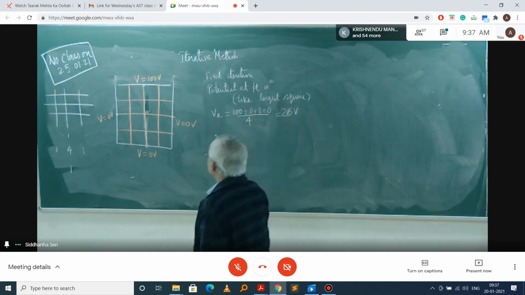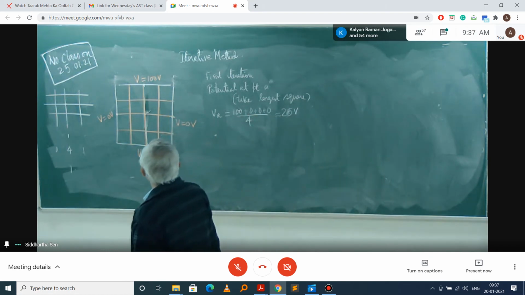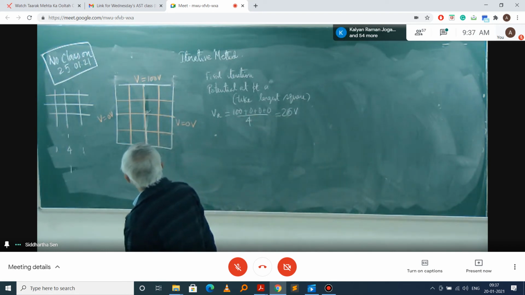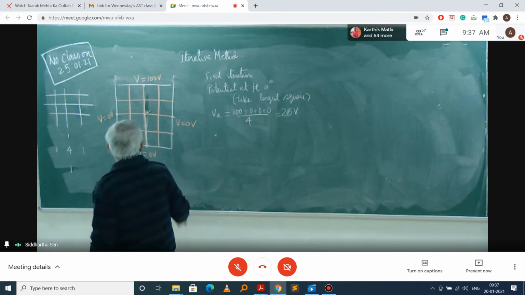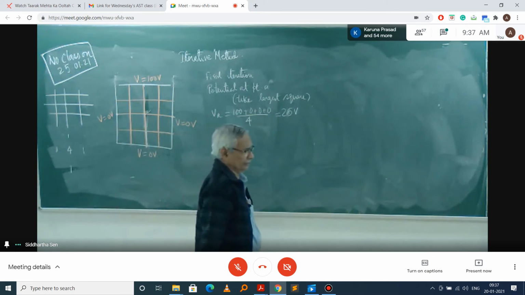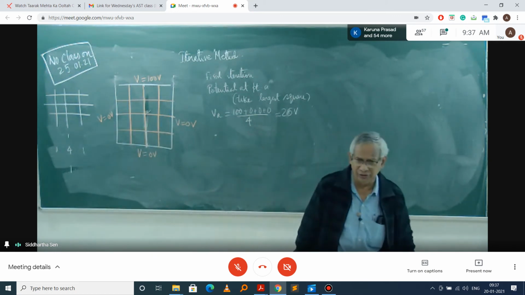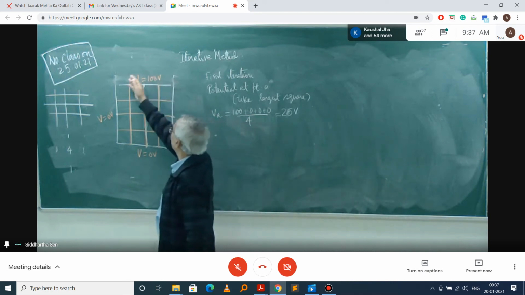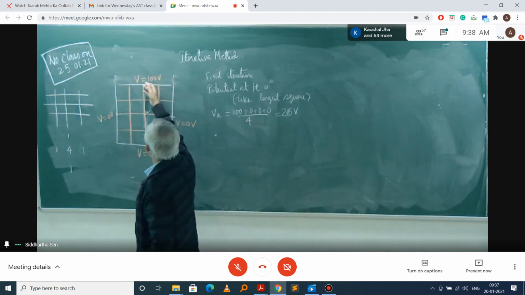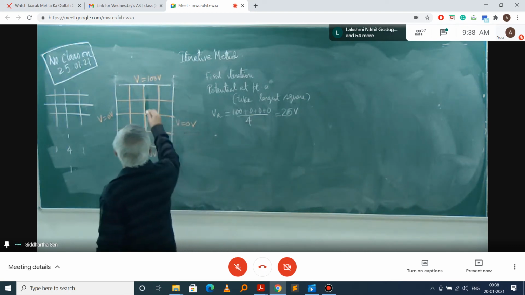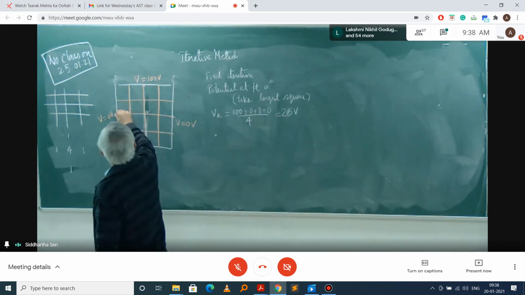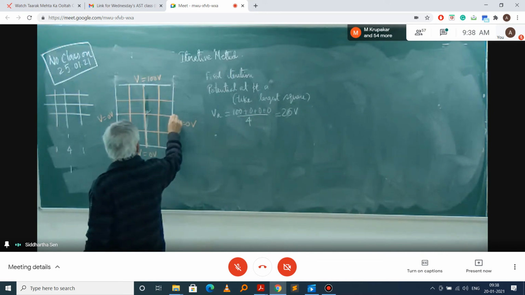Okay. Sir, won't we take the nearest neighbor adjacent ones? Pardon? Which points voltage are we finding out right now? The middle point, right? Suppose it's very crudely I am doing it. Crudely I am doing it means that the whole square, the outer square only, I am just taking it. So for the outer square, the point comes out to be the 100 volt, this is 0 volt, this is 0 volt, this is 0 volt.